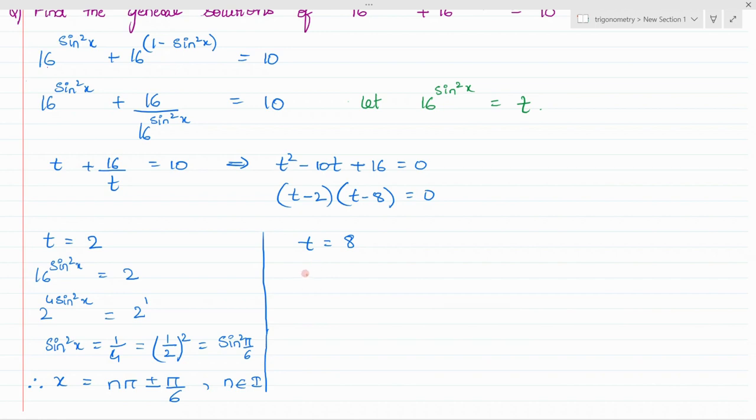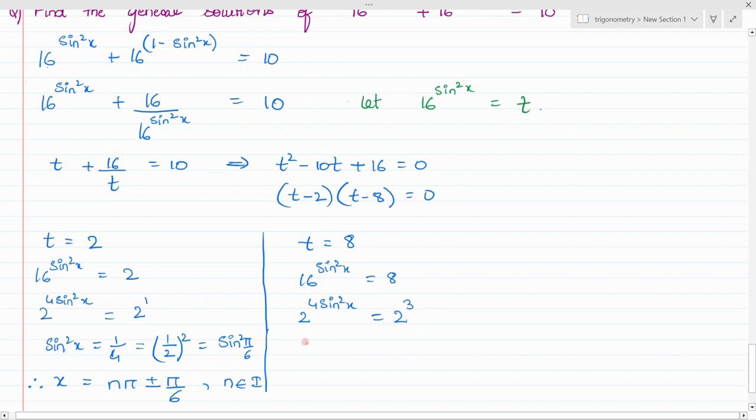So similarly, it is 16 whole power sine square x is equal to 8. So here convert both LHS and RHS so that their bases should be equal. So we can write this as again 2 power 4 and write 8 also in such a way that base should be 2. It becomes 2 cube.